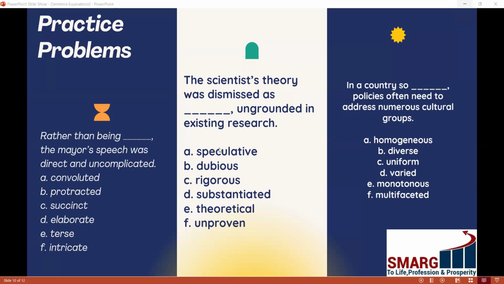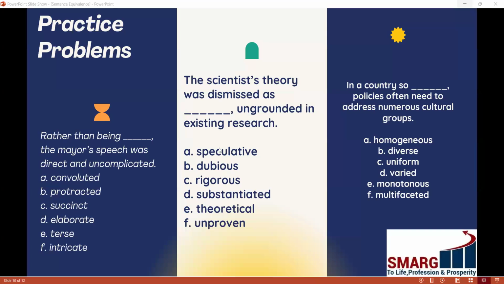Yeah. Then the scientist's theory was dismissed as XYZ, ungrounded in existing research. So again, what is the central idea? That it was something which is skeptical.